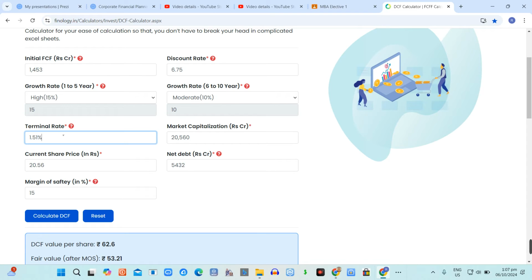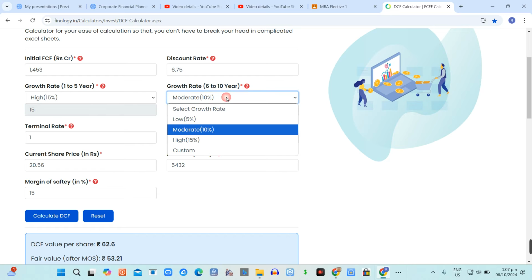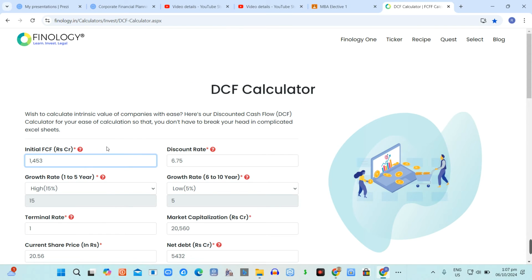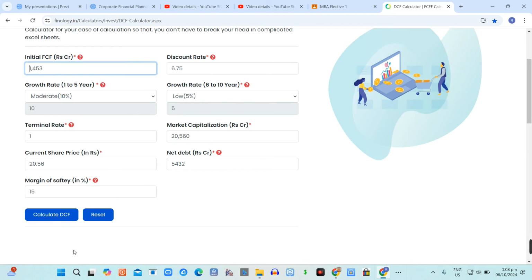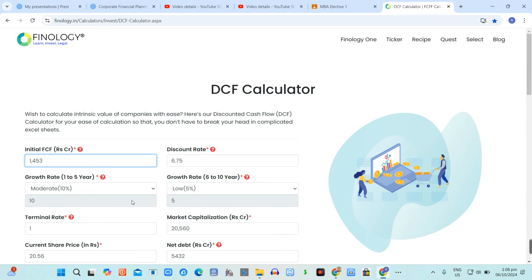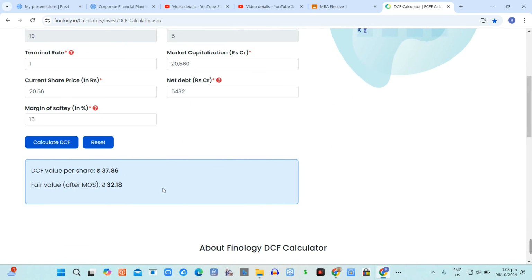Also, if you put the terminal rate at only 1%, and the growth rate in the first 5 years would be just 1 rate, you will see it's around 86. So that means if the stock is trading now at 20.56, you cannot let it go beyond this fair market value. It's riskier for you.